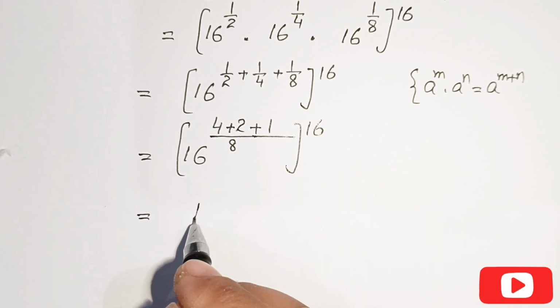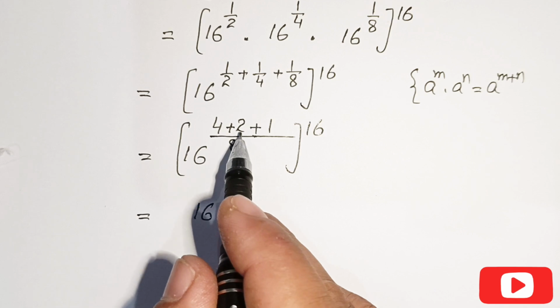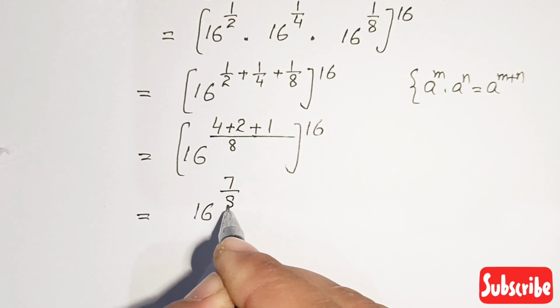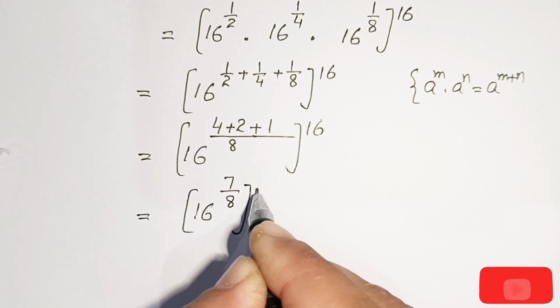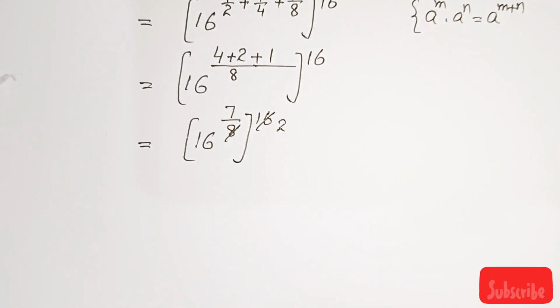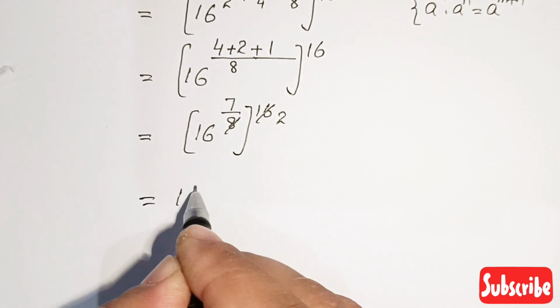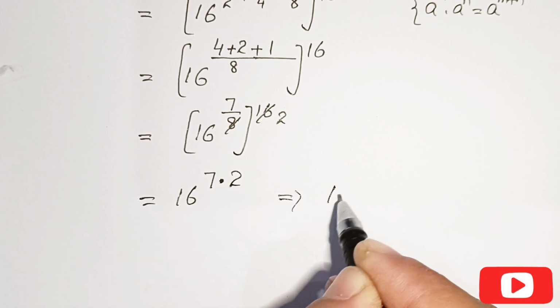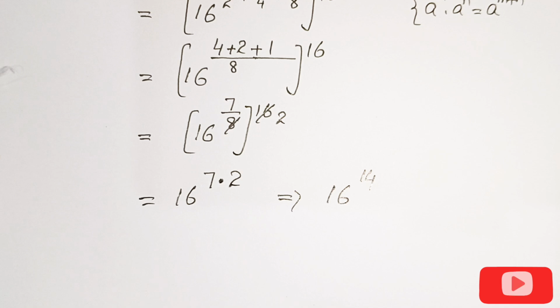So our next step will be 16 to the power of 4 plus 2 is 6, plus 1 is 7, so we have 7 over 8 whole to the power 16. Now 8 times 2 is 16, so we have 16 to the power 7 times 2. Here we have 16 to the power 14.